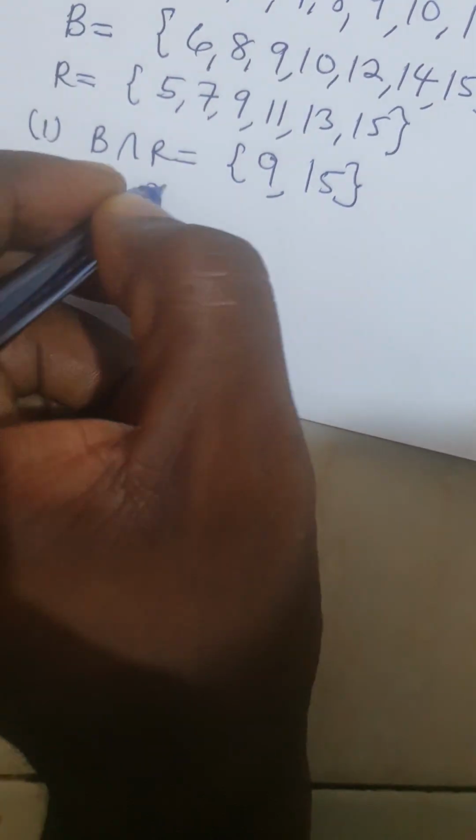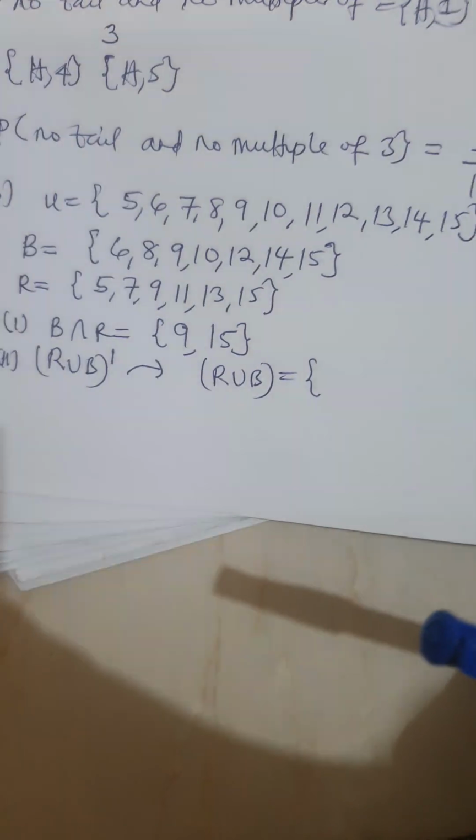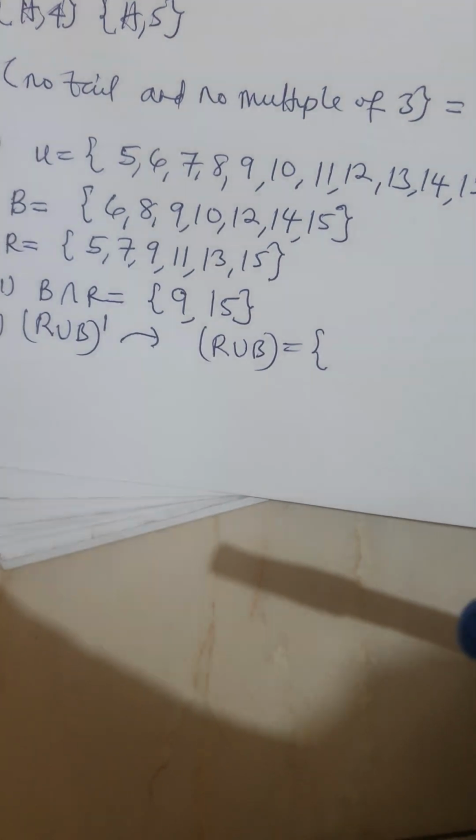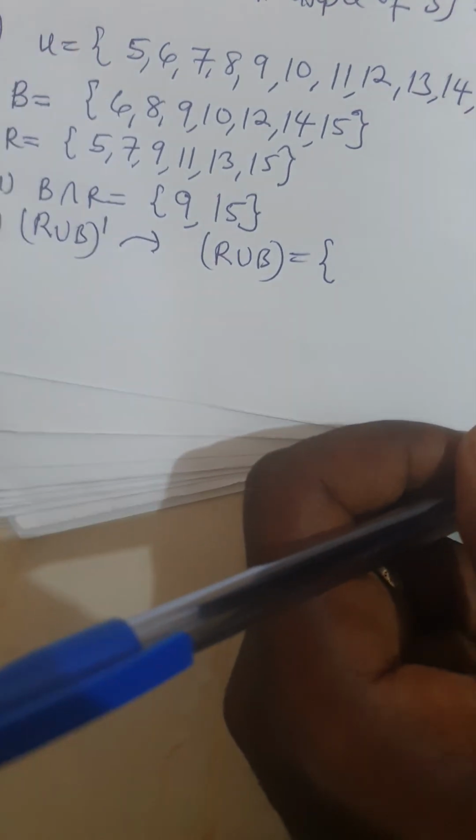The next is R union B complement. The complement of a set has to do with elements which are not in the set but are in the universal set. So first we must find R union B. What's R union B? Elements in R or in B, but we don't want repetition because a set does not have its members repeated.